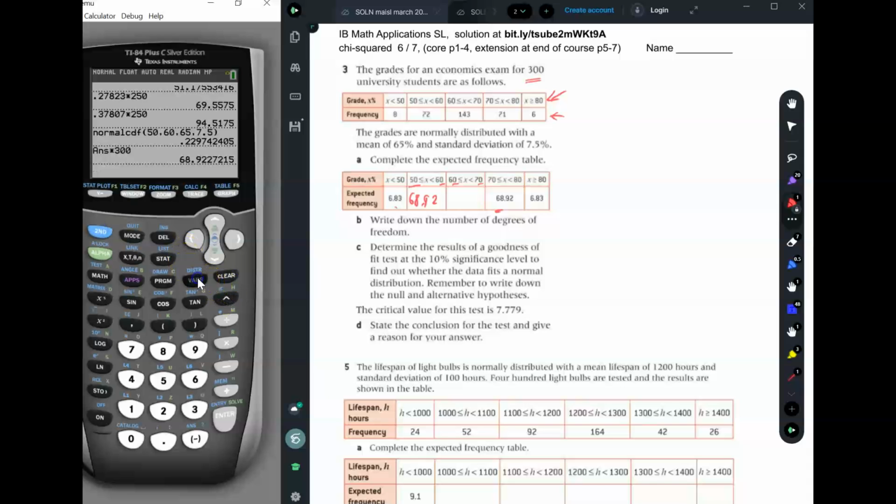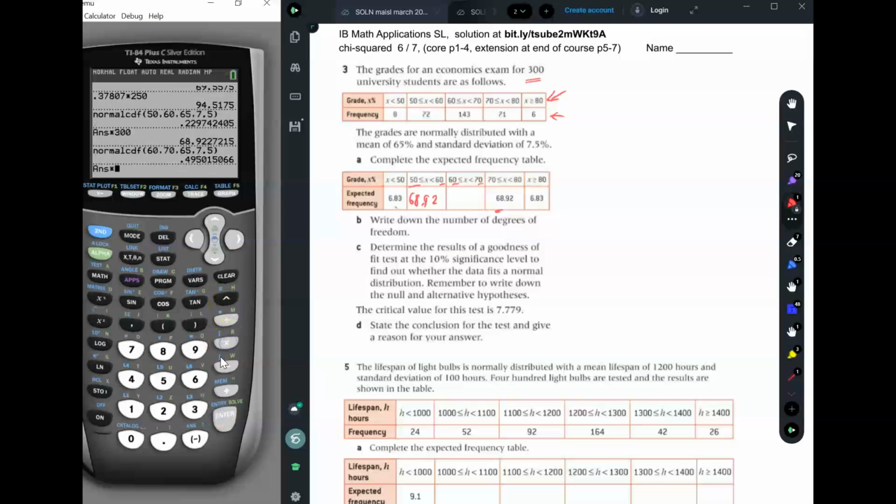Second distribution, norm CDF, and we're going to put lower 60, upper 70. And then the mu is 65, and the standard deviation is 7.5 again. Then we'll paste. It gives us 0.495.